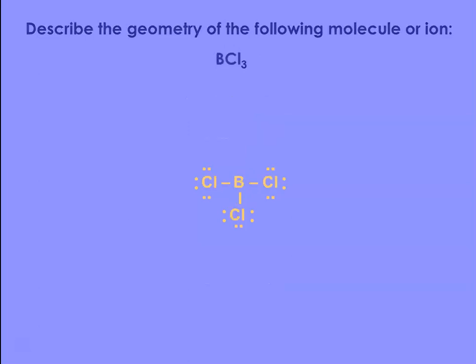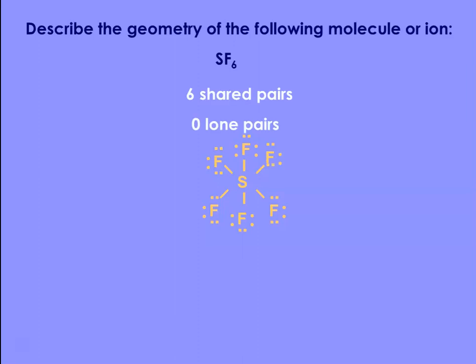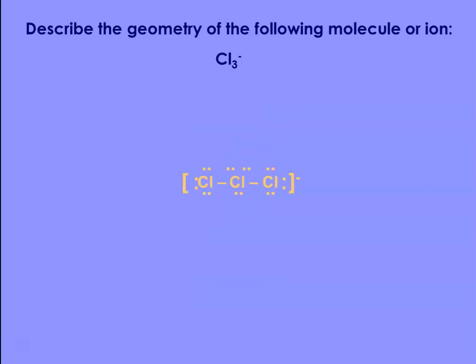With BCl3, we have 3 areas of electrons around our central atom. We have no lone electron pairs, so all of these atoms are able to separate from one another, the bonds, pretty evenly, and you would have a trigonal planar shape. With SF6, we have 6 bonds around the central atom, so they are all going to spread out as uniformly as they can, and you have your parent octahedral geometry.